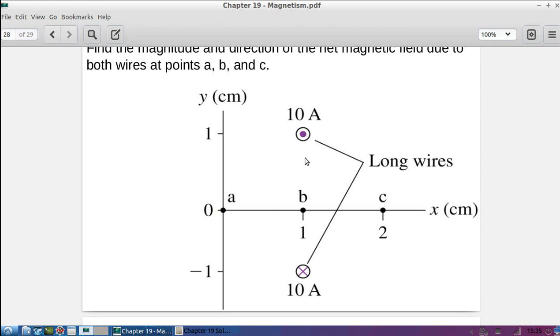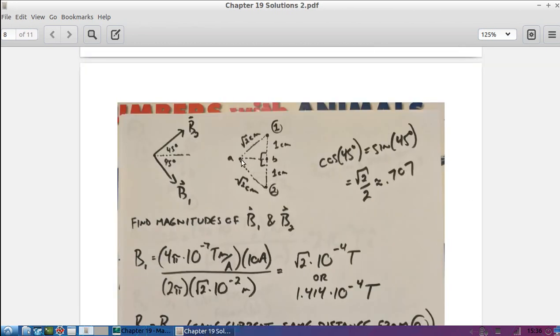You can still calculate that, and you'd still get the square root of 2 as your hypotenuse. So this distance is √2, and this distance is also √2. So that's what I'm going to use for my r when I'm calculating the magnitude of the magnetic field.